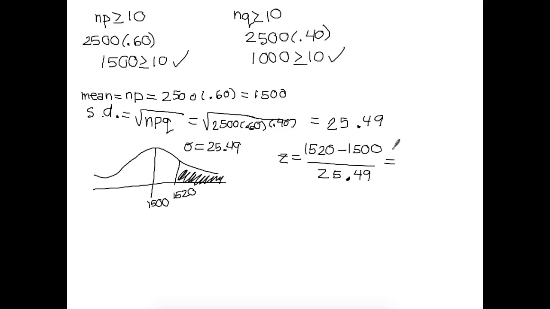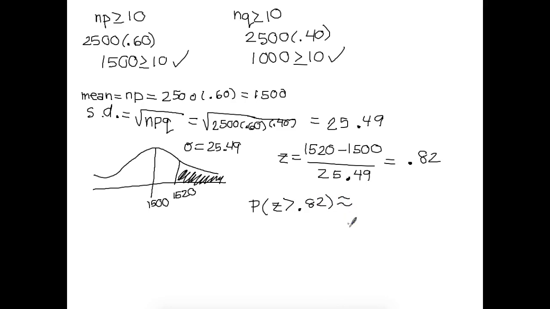And that's going to give me approximately 0.82. Now we're going to write our probability statement. What's the probability that z is greater than 0.82?